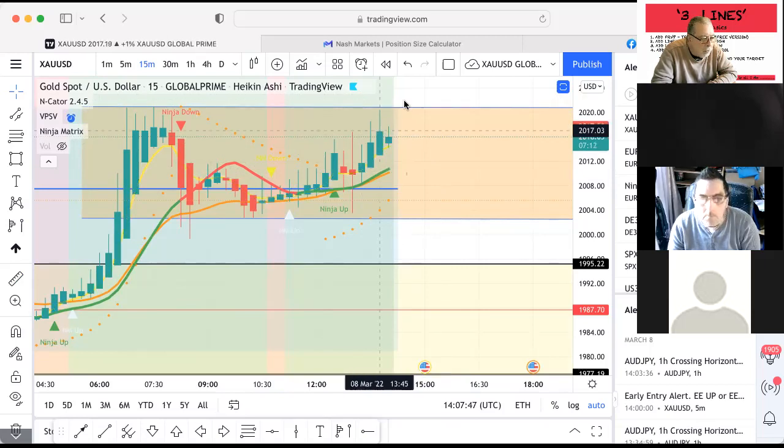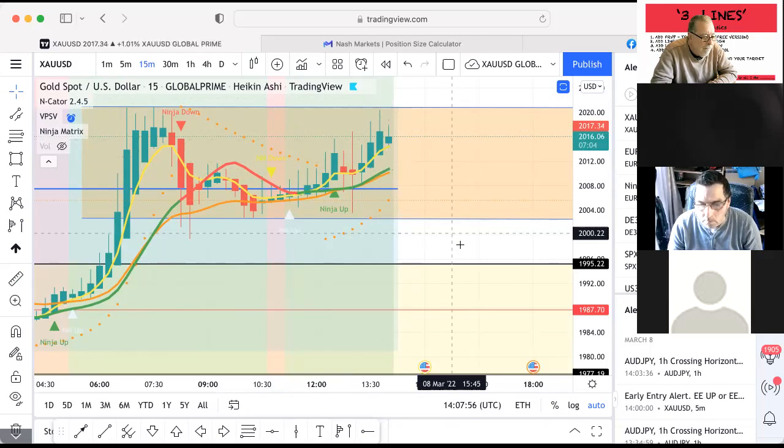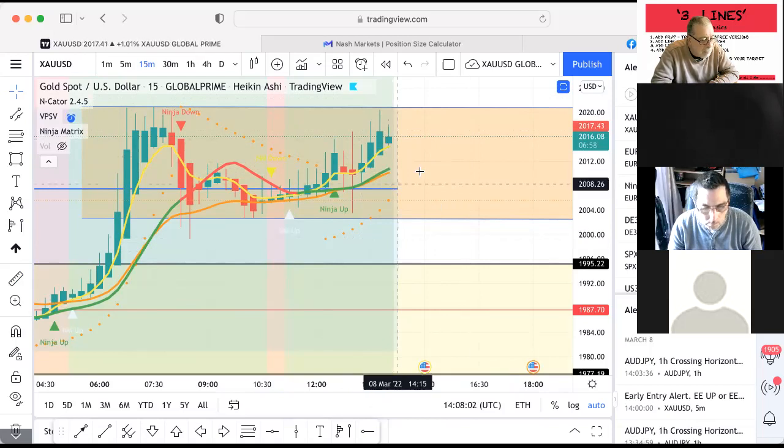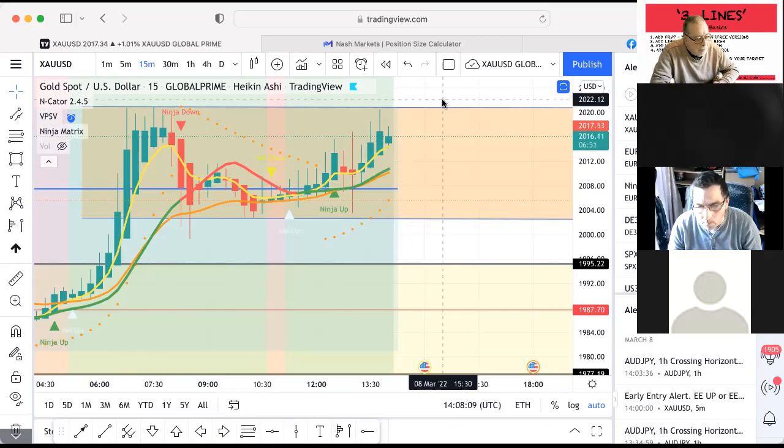If there's a stop hunt in that direction, because remember, if banks want to move price in one direction or another, they fund those moves by taking retail traders' money. They look to see where our stop losses are placed, and they say, right, we'll have that money.